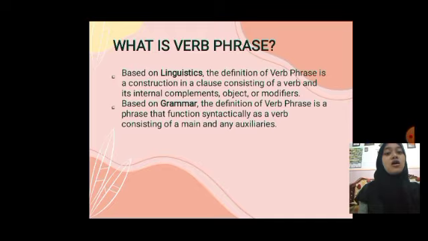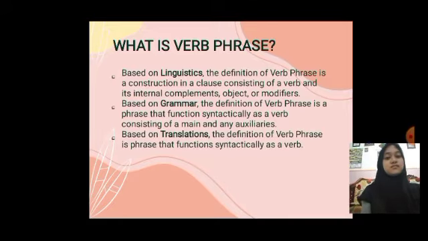Based on grammar, a verb phrase is a phrase that functions syntactically as a verb, consisting of a main verb and any auxiliaries. Based on translation, a verb phrase is a phrase that functions syntactically as a verb.